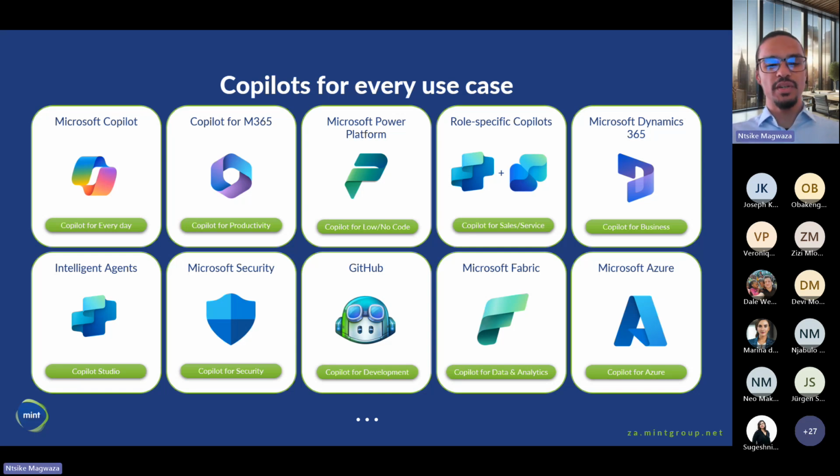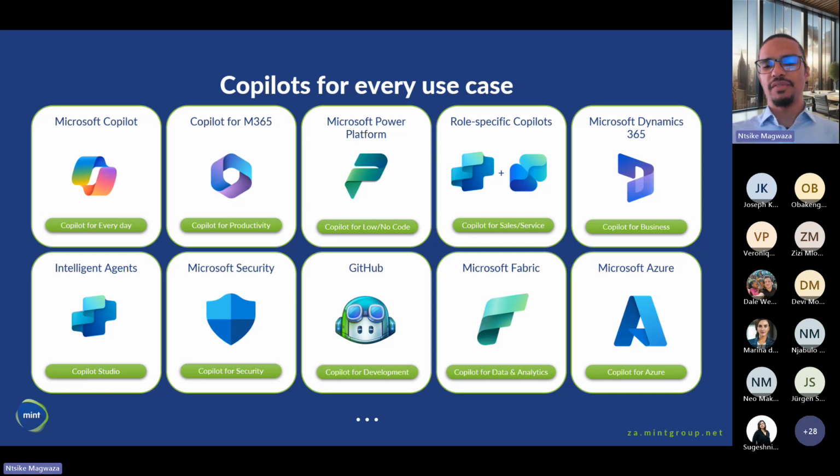In addition to that, if we look at the next item over, our role-specific Copilots, we also have things like Copilot for Sales, which can assist salespeople with communicating with their customers, making sure they understand what their different needs are and what their potential concerns are about the entire sales pipeline. Or for some of our colleagues who are working in customer service, using Copilot for customer service. So that's just some of them.